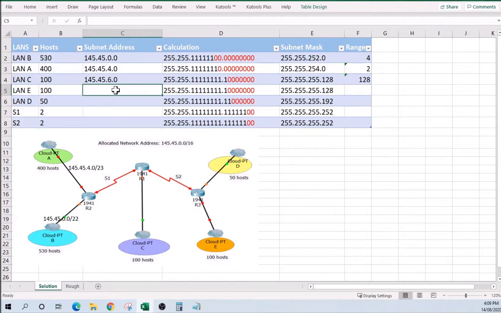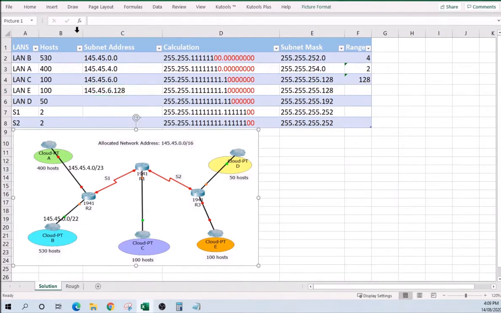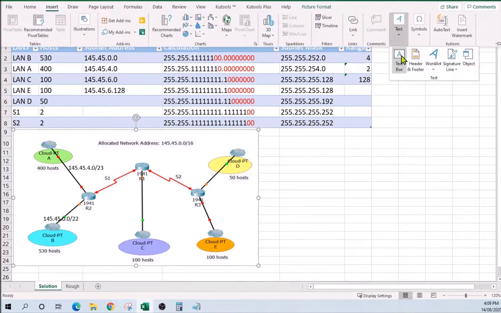So the network address for LAN E would be 145.45.6.128. First, let's write down the network address for LAN C, which we have already calculated.